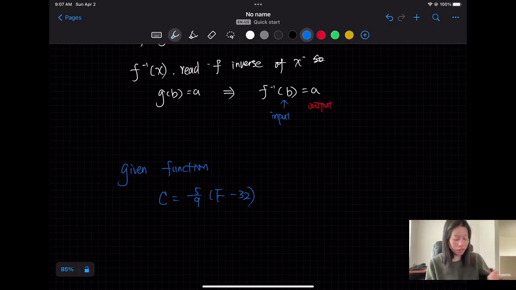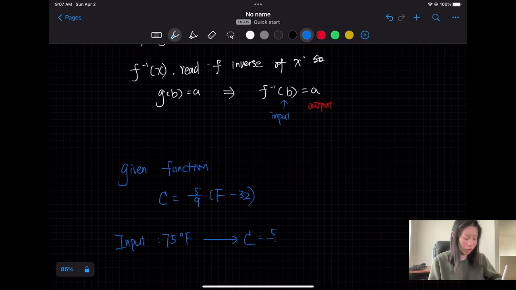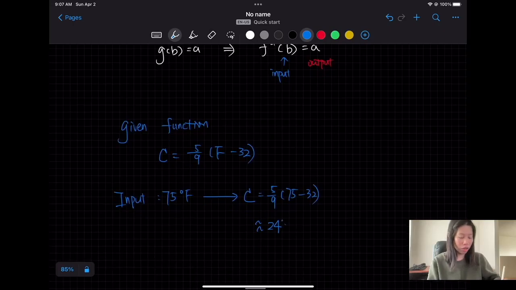The input is 75 Fahrenheit, and you want to convert it to Celsius. So this becomes 5/9 times (75 minus 32). I'm going to skip the calculation here. This is approximately 24 Celsius. Okay, but what does the inverse look like?